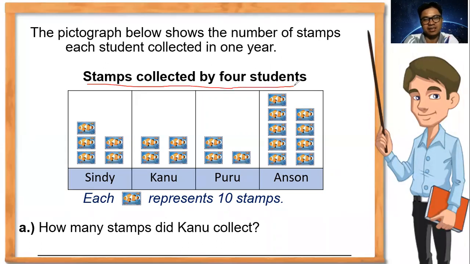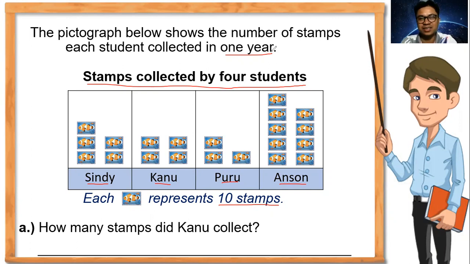Now we have the 4 students: Sandy, Kano, Puru, Anson. These are the 4 students who collected stamps in 1 year. Our key here is each picture represents 10 stamps.